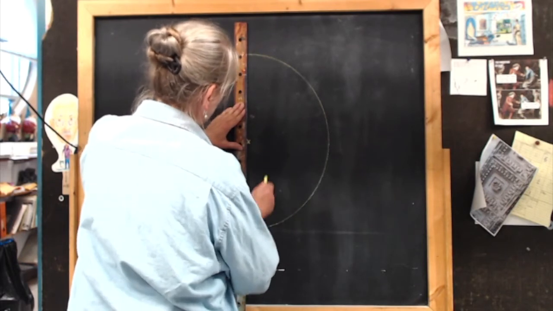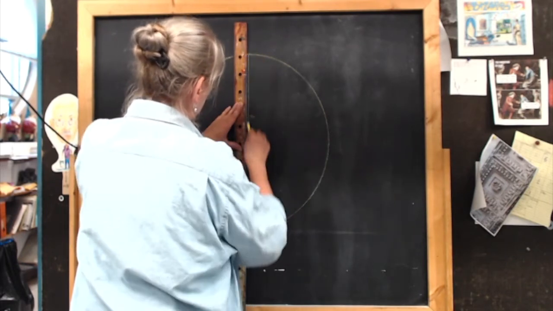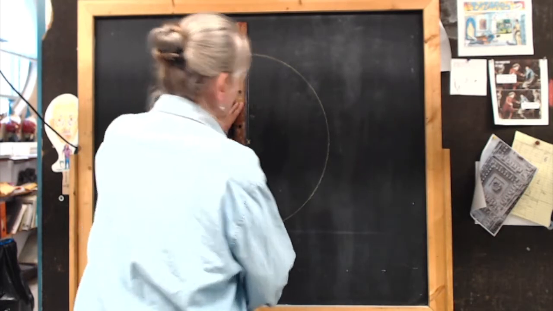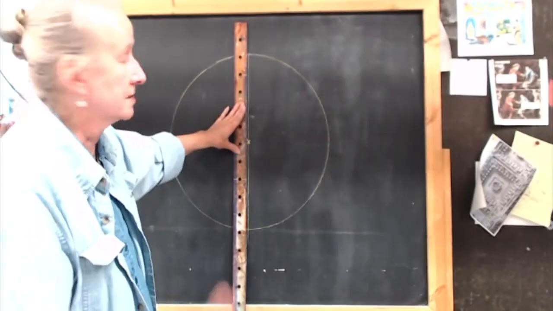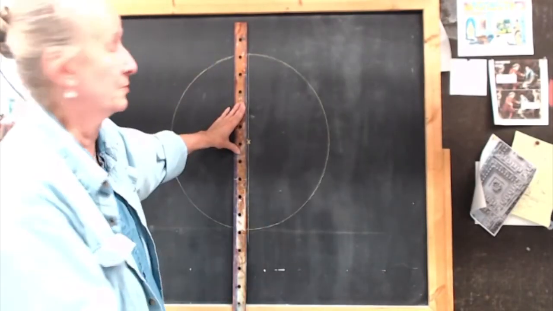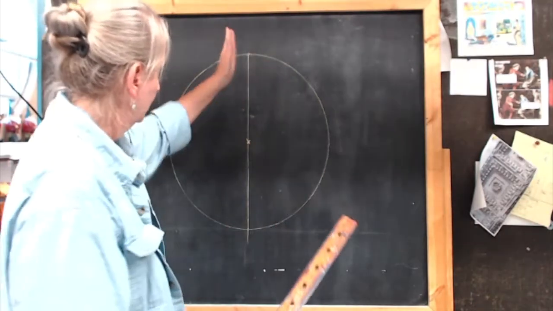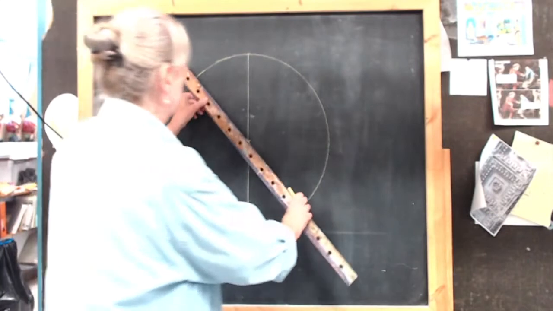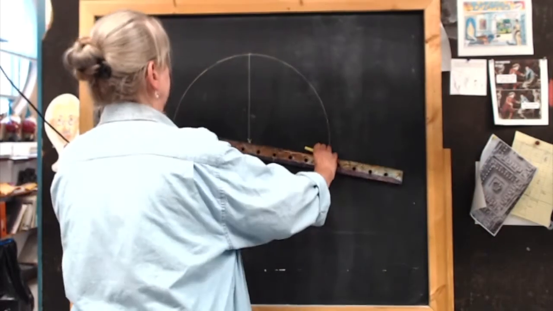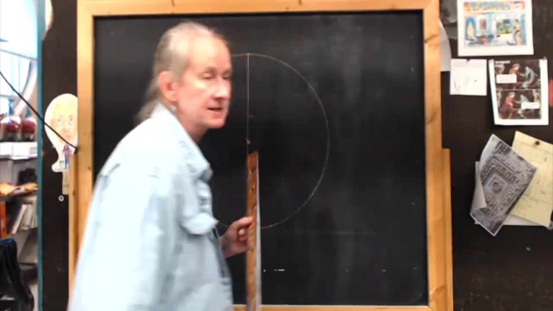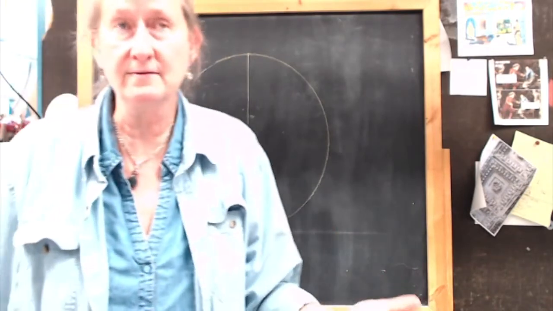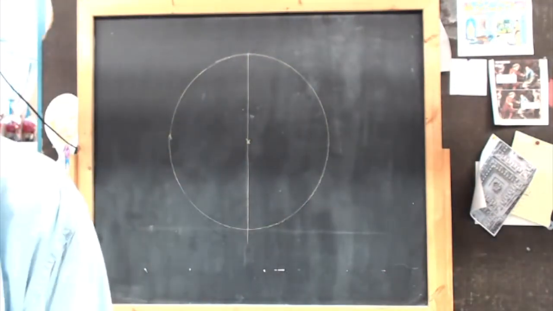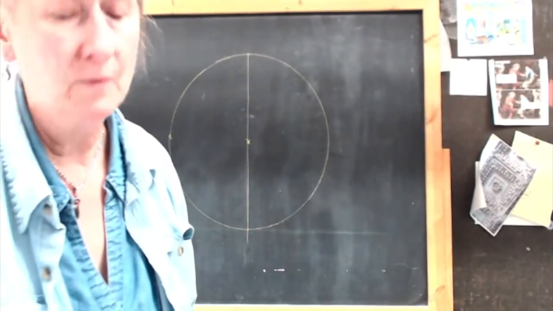So what I'm going to do is, it's really easy. One line, I can just draw a line through the compass point, right? And I know that that line is in the center of the circle. And no matter where I put this line, I'm still dividing that circle exactly into two halves. Can't do anything else.